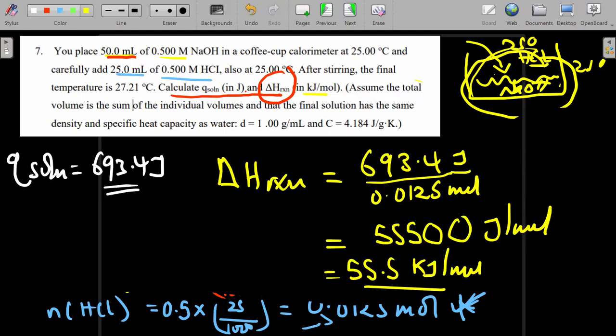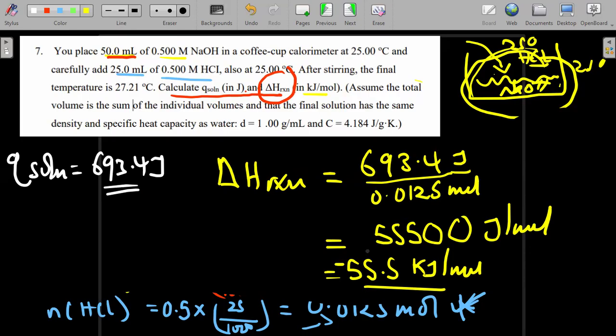So this here is our change in the enthalpy, or our change in the energy of the reaction. That's how we calculate question number 7. Since this energy is being lost, we include a negative in front of this energy of the reaction.